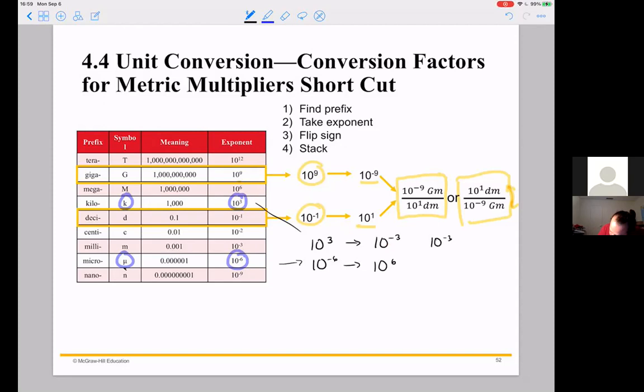10 to the -3 kiloliters is equal to 10 to the 6th microliters. Or from the same logic, you could get the reverse. However, since I'm trying to go from microliters to kiloliters, this is the one I would want to use.